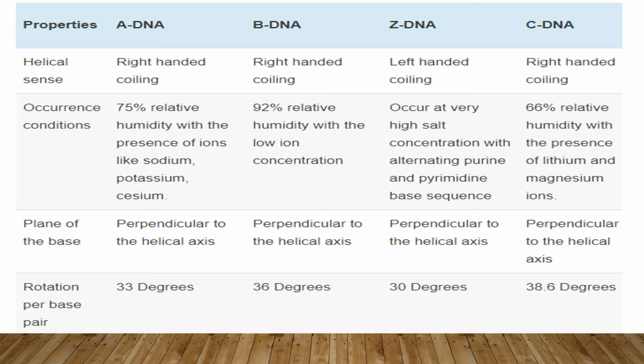The C DNA is also right-handed coiling. 66% humidity with the presence of lithium and magnesium ions converts the DNA into the C conformation.